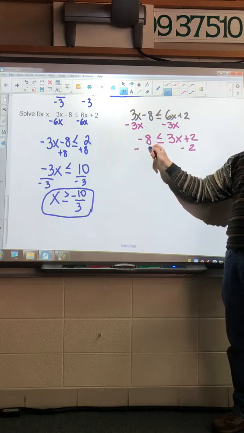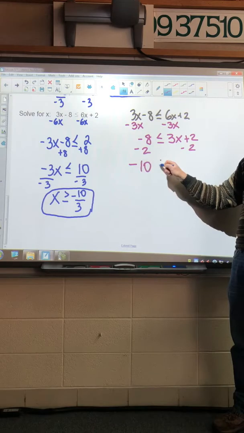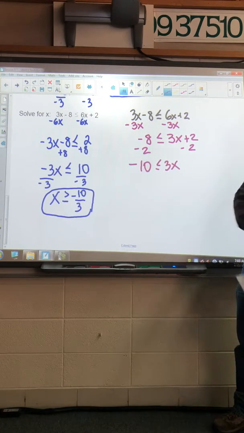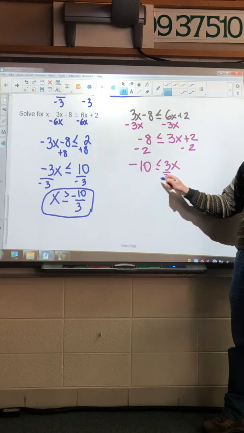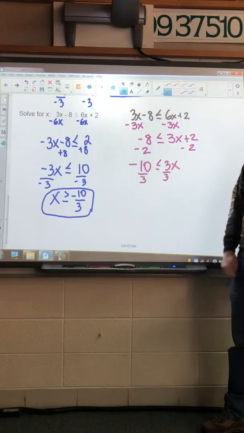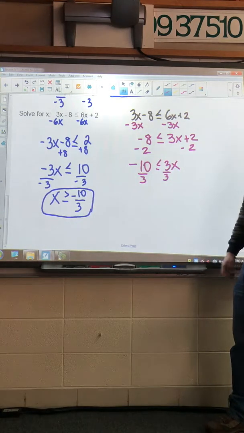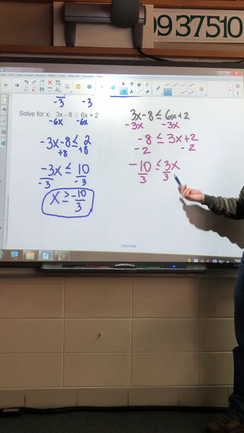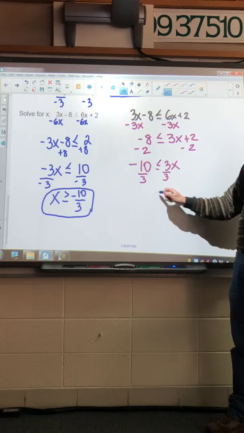Subtract 2. Divide by 3. Okay, so there's our negative 10/3, same thing as we had there. So here the inequality sign does not flip, since I'm dividing by positive 3.